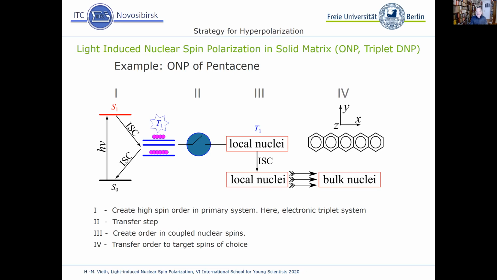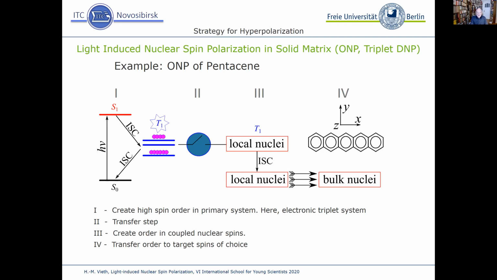Here, what you do, you have 4 steps of creating your polarization. You start with creating high spin order in a primary spin system. Here, it's the polarization of the electronic triplet systems. Then you have a transfer step where you couple your electronic triplets with nuclear spins.